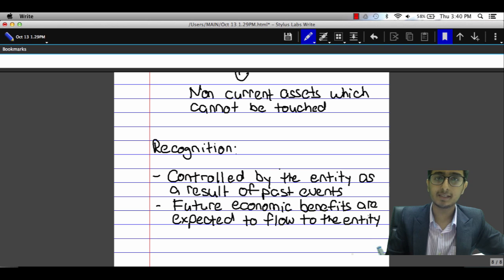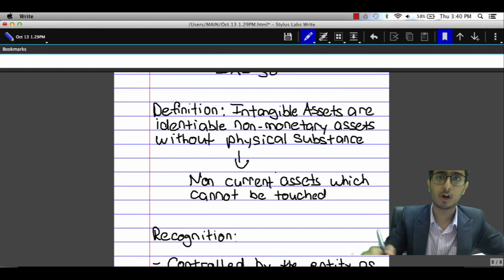Now, once the criteria is met, then the cost of the asset can be capitalized in accordance with IAS 38. This means that now that cost will become part of our intangible asset.